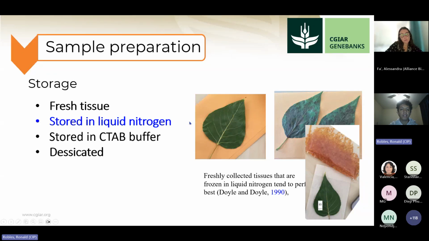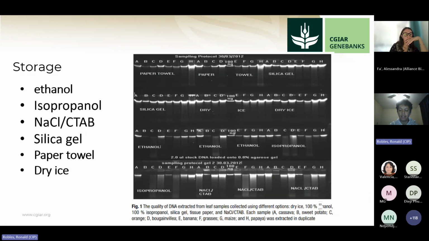Here I have one analysis that was done considering many options that are used currently. For the method of storage, for example, they tried to store the leaves, the tissue, directly in ethanol to avoid the degradation of the samples.